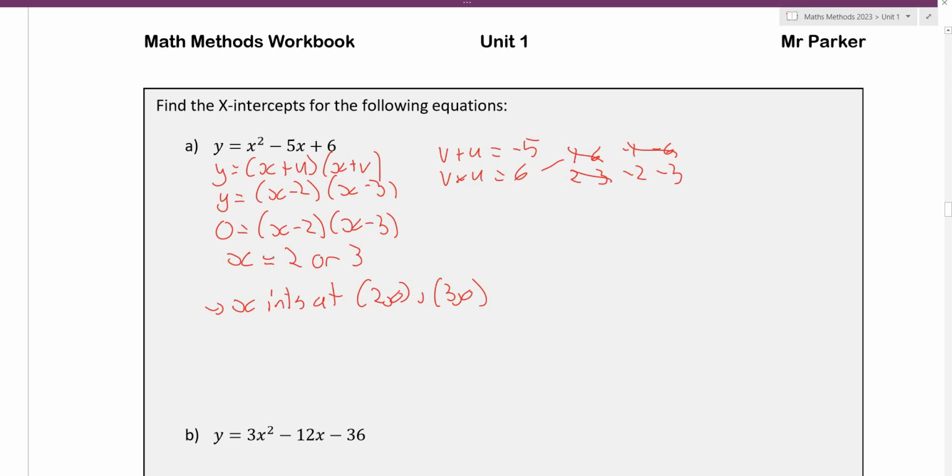So if we look at just the left-hand bracket, x minus 2, the way we make that equal to 0 is if x is 2, because negative 2 minus 2 would be negative 4. So it'll basically always be the opposite of whatever's in the bracket. So it'll be positive 2 or positive 3 that makes it equal to 0. Any questions on that one, guys?